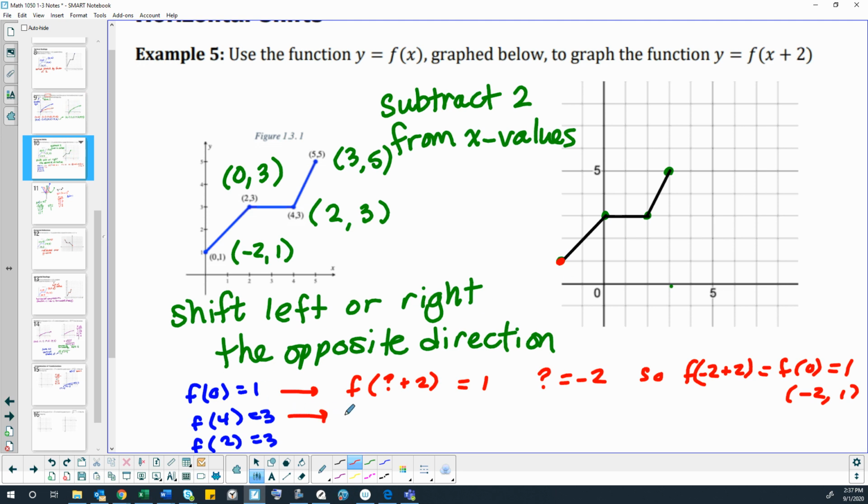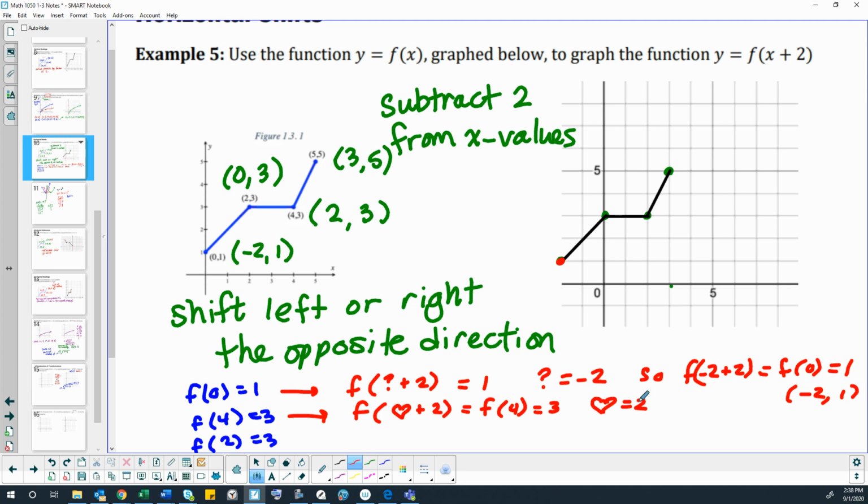Same thing, we need f of 4. So f of what value? Just use a weird symbol for it. What value plus 2 is going to give us f of 4, which is going to equal 3? Well, the value we need has to be 2 to make this true.